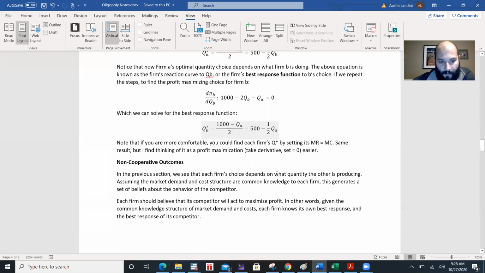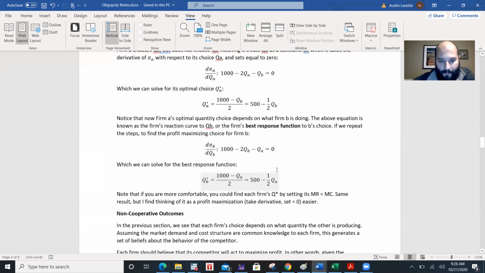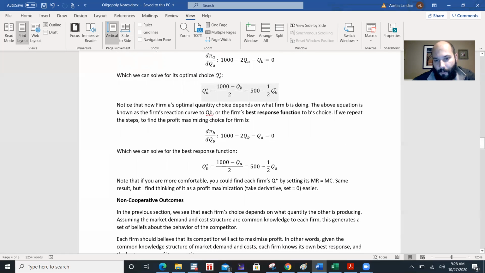In the coming video, we will look at what happens if there's some ordering, what if they actually know what QA or QB is before they produce. That might be more common in reality, right? You see some product in the market and you decide to produce some amount of your product. But for now, we're just assuming that QA and QB are unknown, except that each company knows that their optimal choice will depend on what the other is doing.